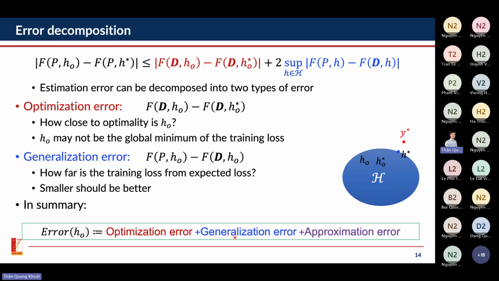Optimization, generalization, and approximation. Now, we want to understand where the sources of error are. When we understand those, we can find some way to improve the training of the model, and we can hope that we can obtain better models.